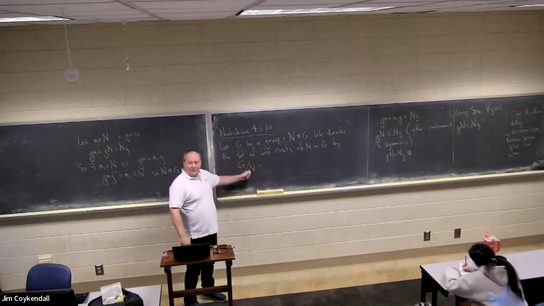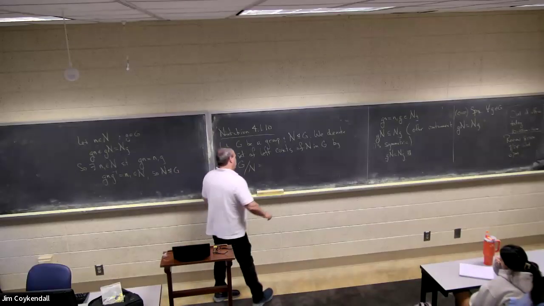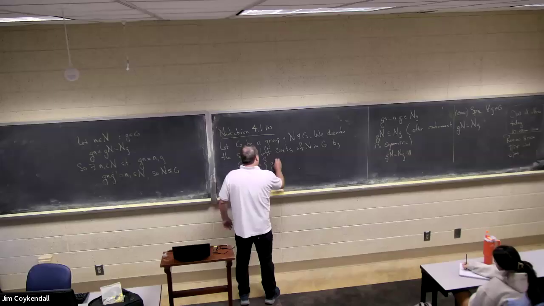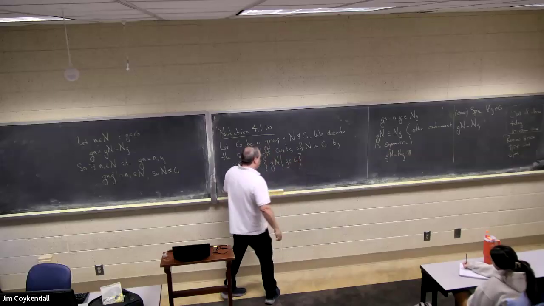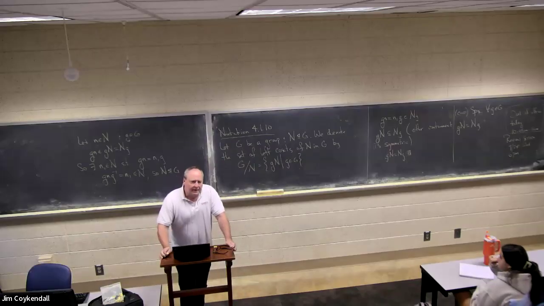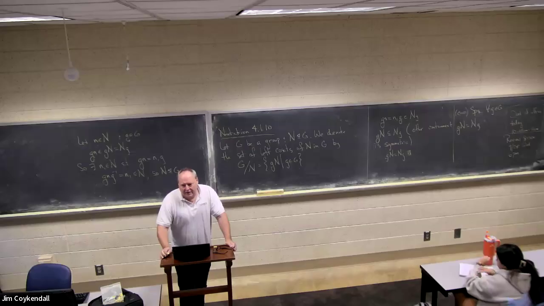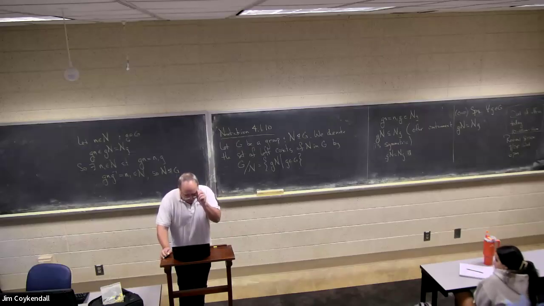This means the set of all left cosets of the normal subgroup N in G. By the way, I could have done this from the point of view of right cosets. From now on, I'll pretty much stick to left cosets.